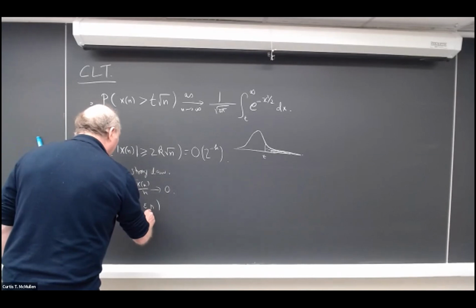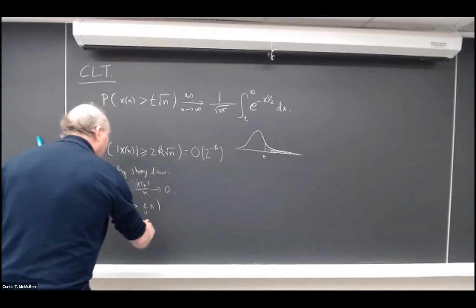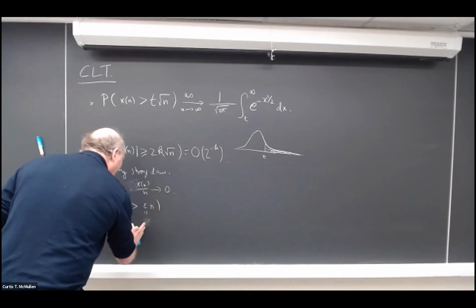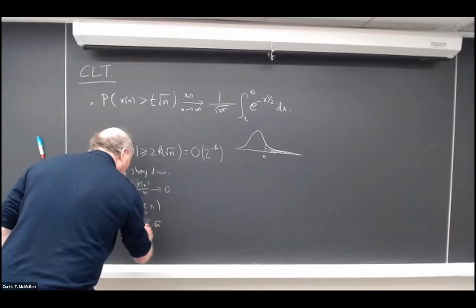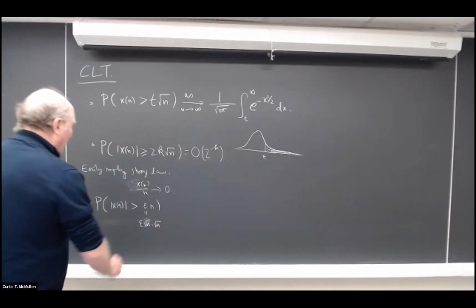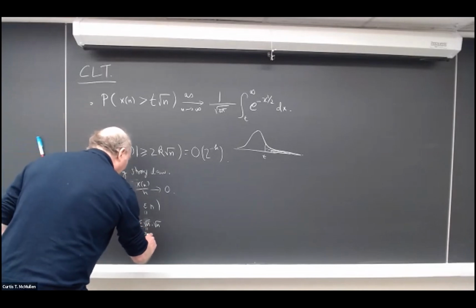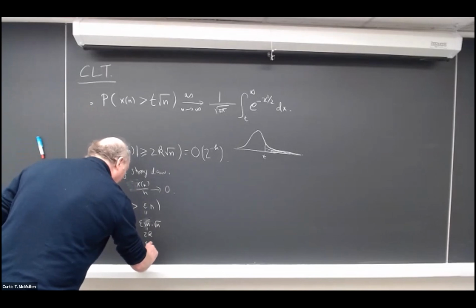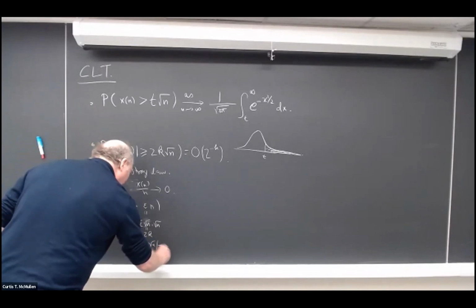Well, epsilon n we could rewrite as the square root of n times epsilon square root of n. And then epsilon square root of n would play the role of 2k. So k would be epsilon square root of n over 2.